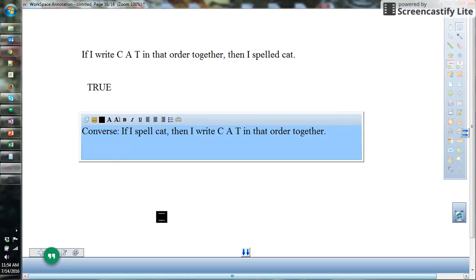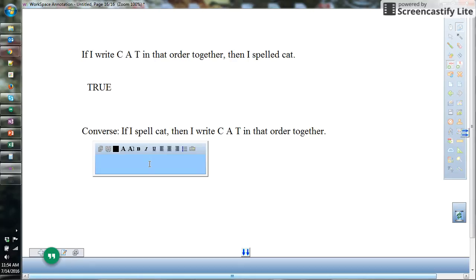This is true. If you take those letters and you write CAT, if you spell cat, then you have to write CAT. So this converse is also going to be true. So these both have the same truth value.